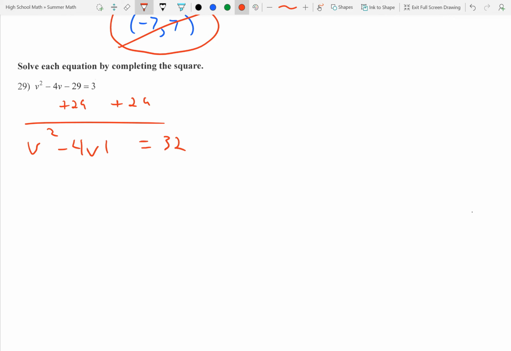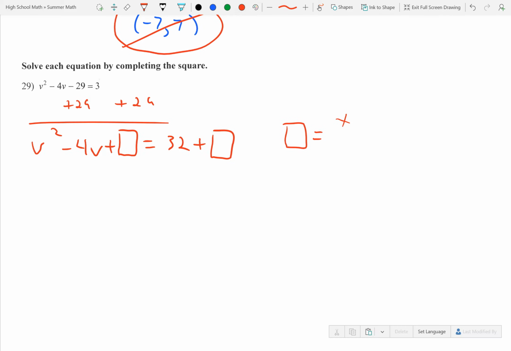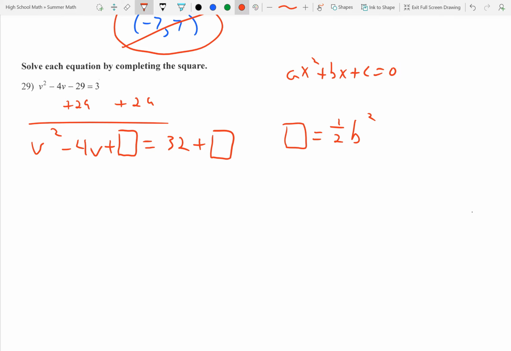Now I'm going to add in my box number. This box number is a special value that's going to allow the left side to be written as a perfect square trinomial. The box is equal to 1/2 of b squared, and this b is in our form ax squared plus bx plus c equals 0, our standard form of a quadratic, b being the coefficient of the linear term, the first power term.